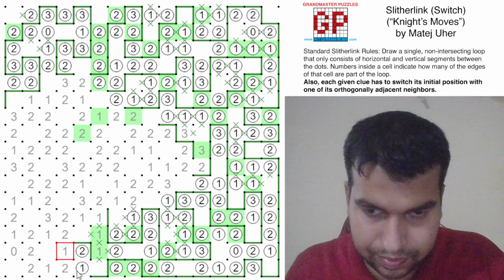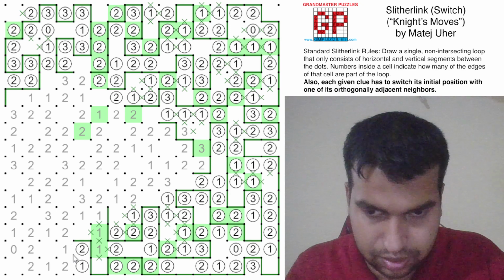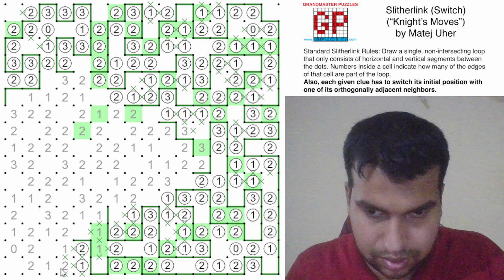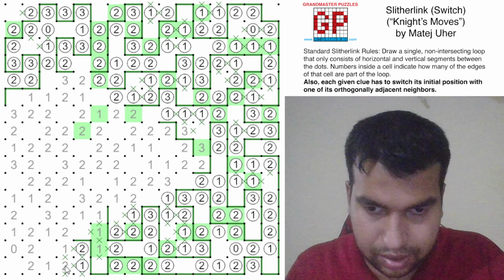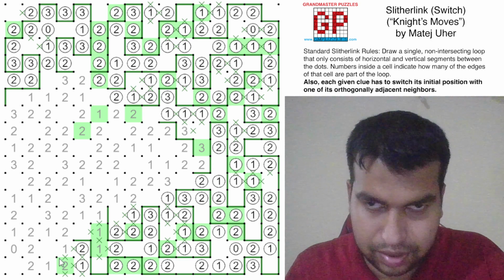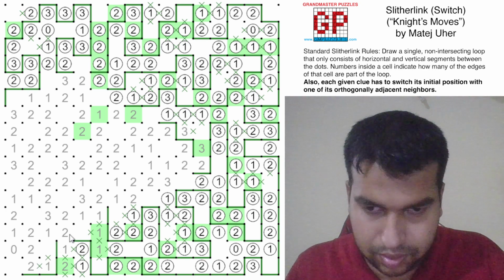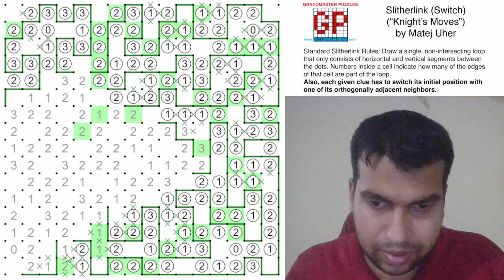So that's the only way that happens. This 2 became a 1. Actually, it has to be a 1. Either way it pairs. And this 1 became a 2. Now this one also will become a 2. So this gets forced.